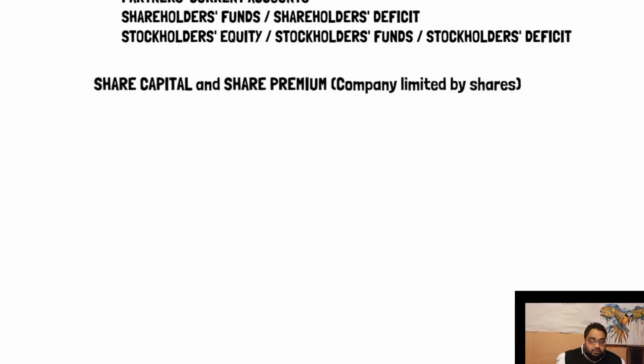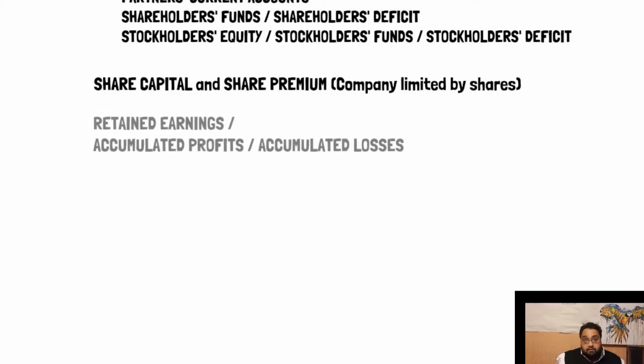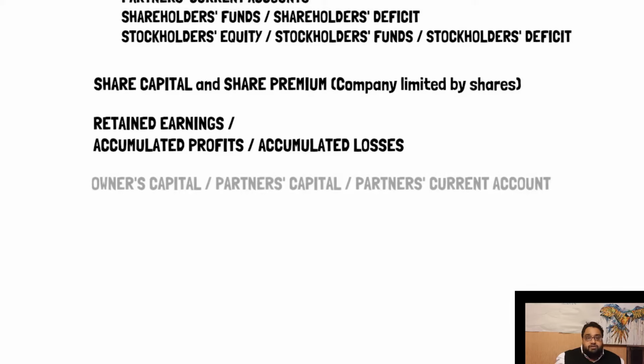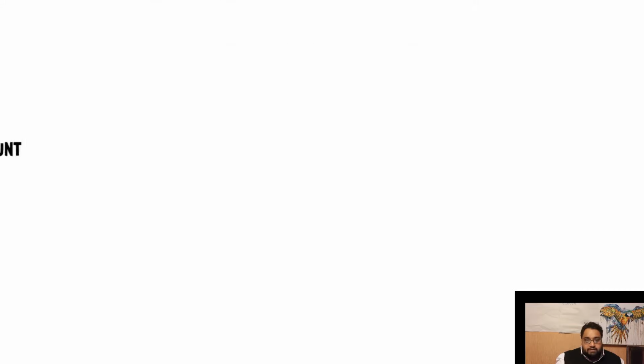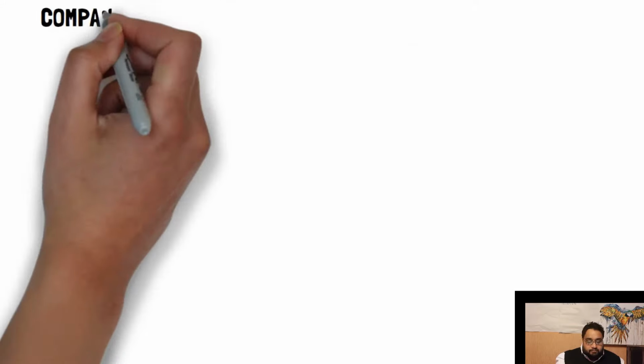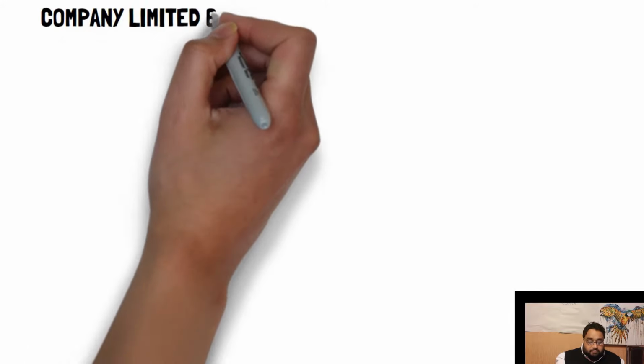Now, there are lots of different elements that go into equity. We covered a few of them off at the start. So, share capital, share premium, retained earnings, other reserves, owner's capital, partner's capital, and partner's current accounts. So let's go through them as examples and see where we get to. So share capital.